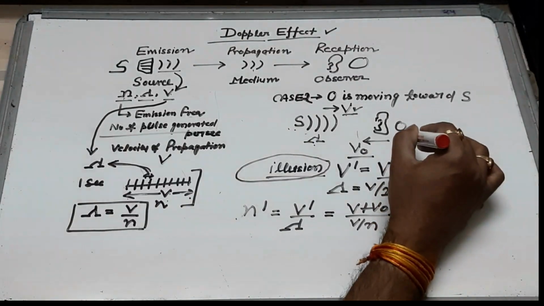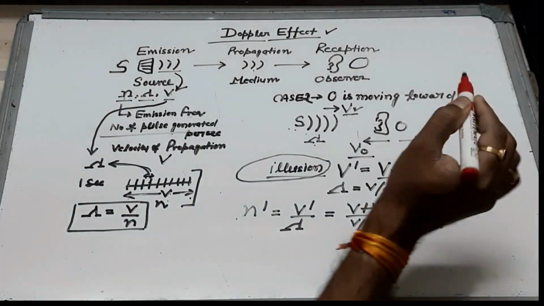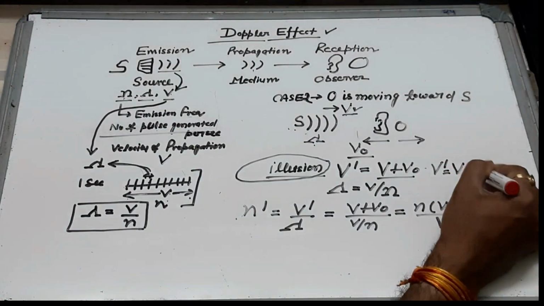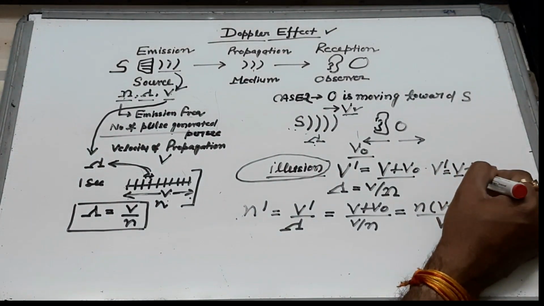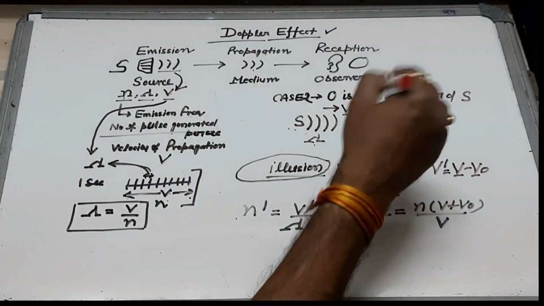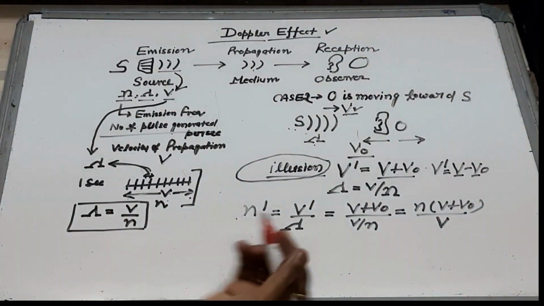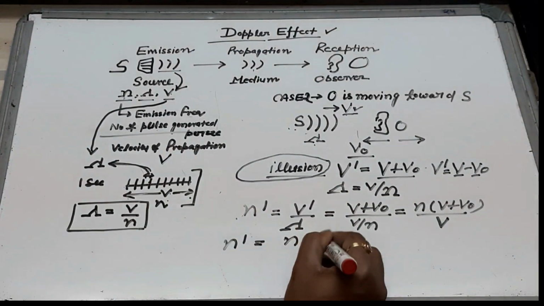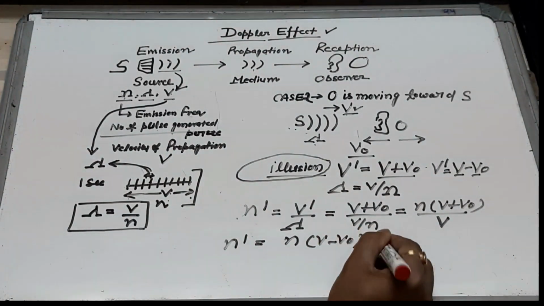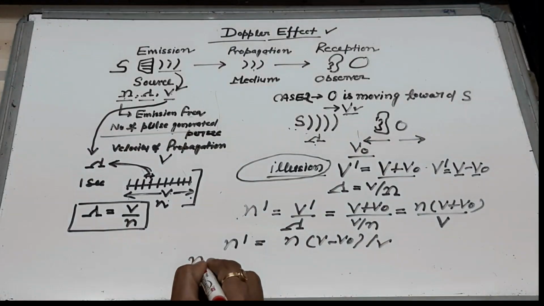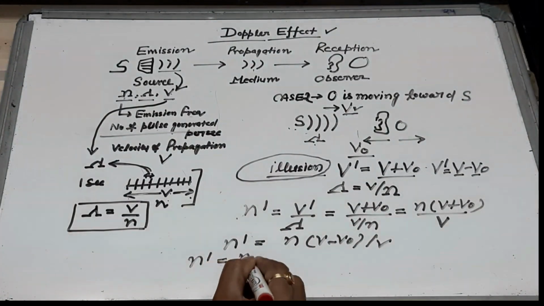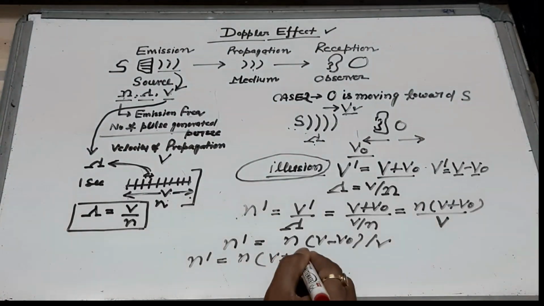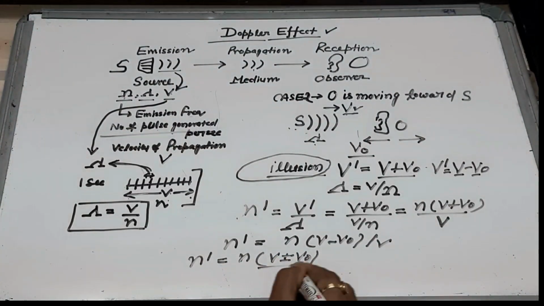Similarly, if observer moves away from the source, the effective velocity will be reduced by what amount? v minus VO. Means velocity will reduce by VO factor, that is the velocity of the observer. Then n dash will be equal to n times v minus VO divided by v. If you combine both, you will get n dash is equal to n times v plus minus VO divided by v.